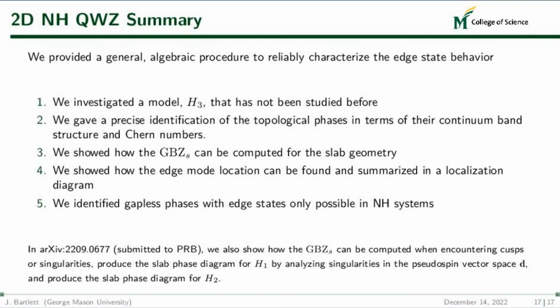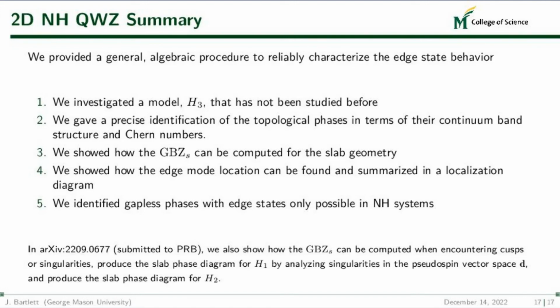So in summary, what our research was, we were providing an algebraic procedure where we can reliably characterize the edge state behavior of these two-dimensional non-Hermitian Chern insulators. We looked at three different ways of introducing non-Hermiticity.